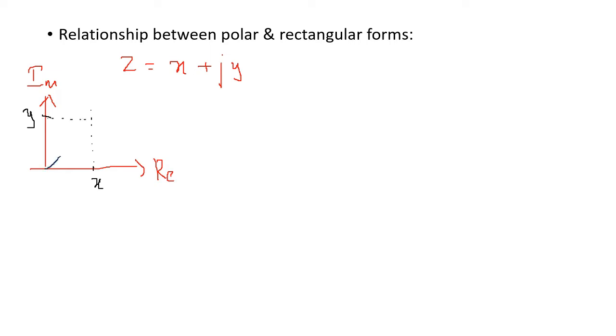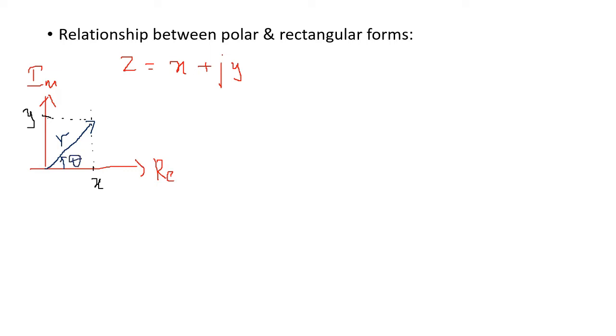From the origin to the point, we can draw a vector. So from this rectangular coordinate system, this r will be the magnitude value. This angle I am considering as theta.